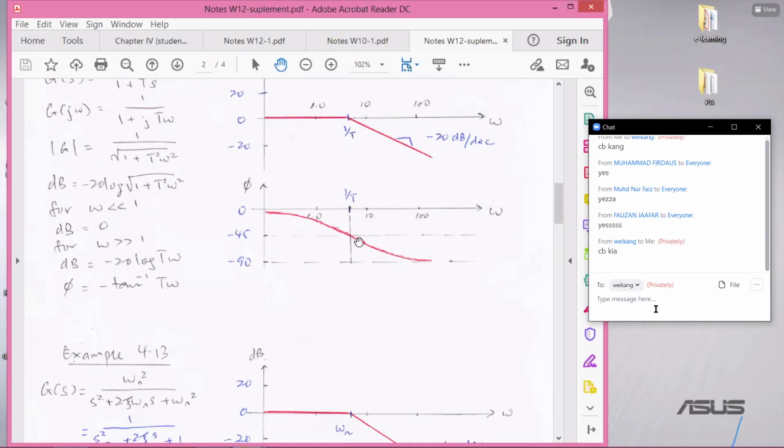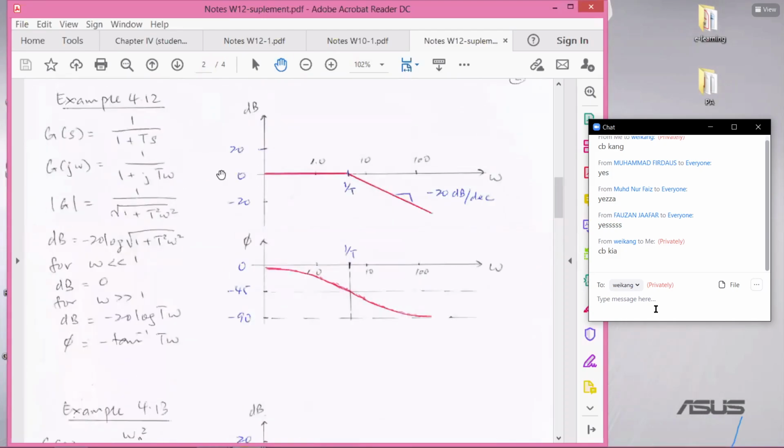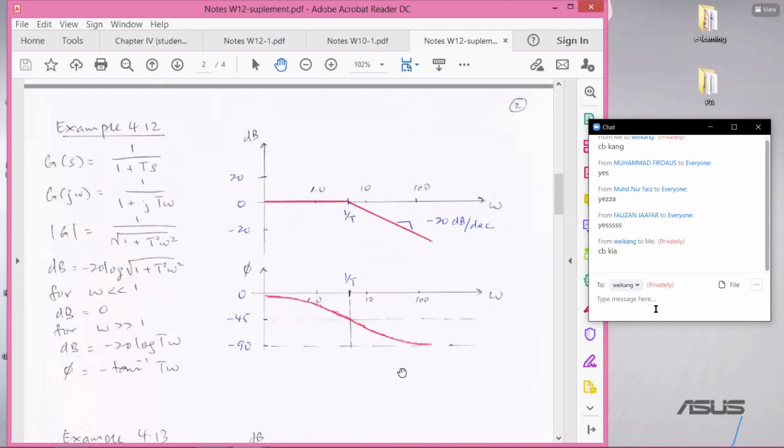So that is your phase angle, 45 degrees at the break frequency, 1 over t, and it goes from 0 to minus 90 degrees. So you can approximate the Bode diagram for a first order term using that 0, and then you drop by negative 20 per decade at your break frequency.